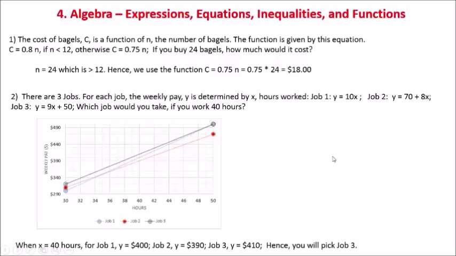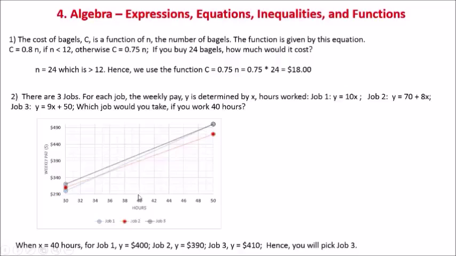So if they give you the graph, it's very easy for you to make the decision, because if you work 40 hours, all you have to do is go up here. Job 2, if you go here, you are going to get $390, right? If you just go up for x equal to 40, you go up, then you go across, $390, okay?